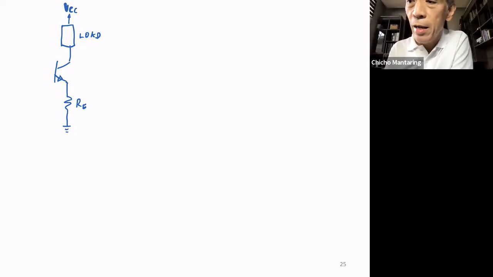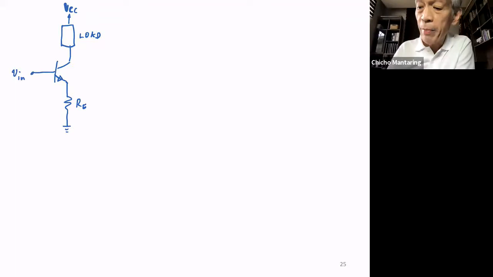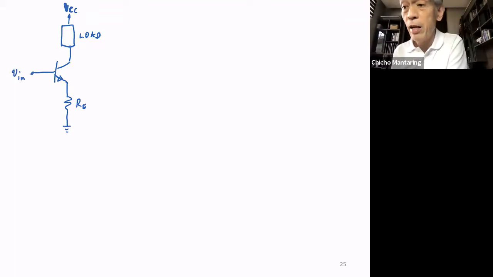Okay. Now, I can actually get rid of my base resistance. I can just apply my input directly to the base. No? In the earlier circuit, I needed the base resistance because I cannot put a voltage directly across the base emitter. No? The base emitter has a forward voltage of 0.7.